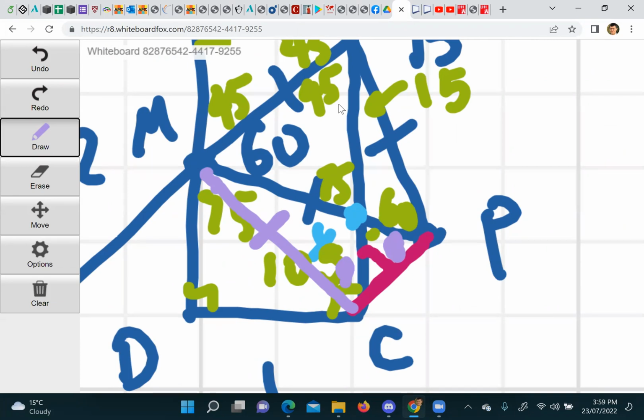The purple angles. It's isosceles. That's 45. And that one's also 45. And then you know the other angles in the triangle, so you know the last angle, right? Oh, I see it now. I see it.